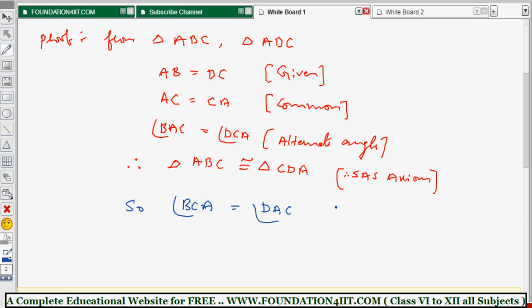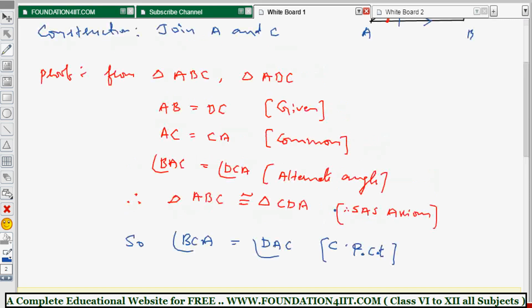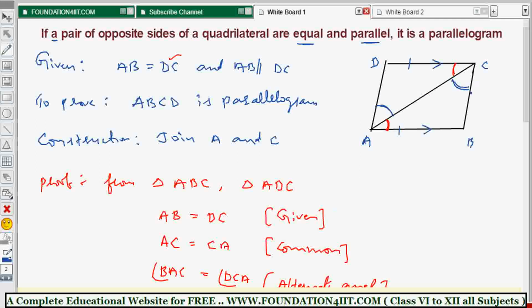This is by CPCT, corresponding parts of congruent triangles. But these are alternate interior angles. If these two angles are equal and AC is a transversal, then obviously AD is parallel to BC.